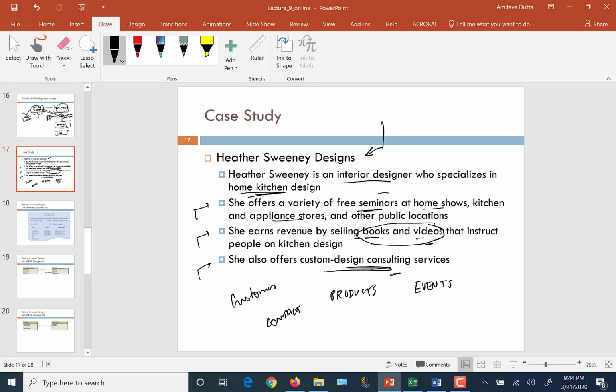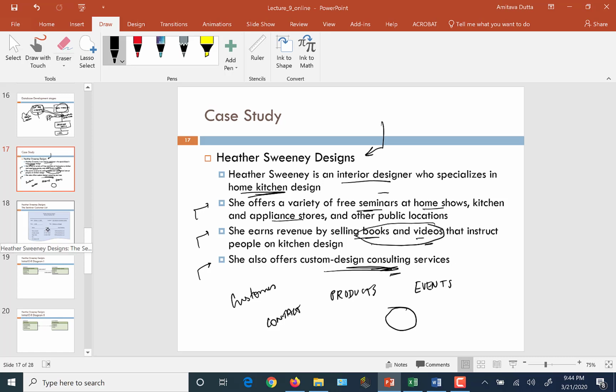And then maybe once she does sign up a customer for a consulting engagement, there might be another entity that stores information about the consulting engagement. So I'm just taking a guess now from this first read as to what type of entities might be present in the application. Okay, so that's the starting point.